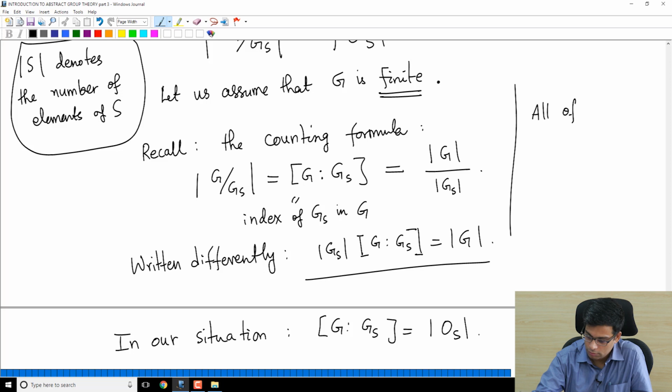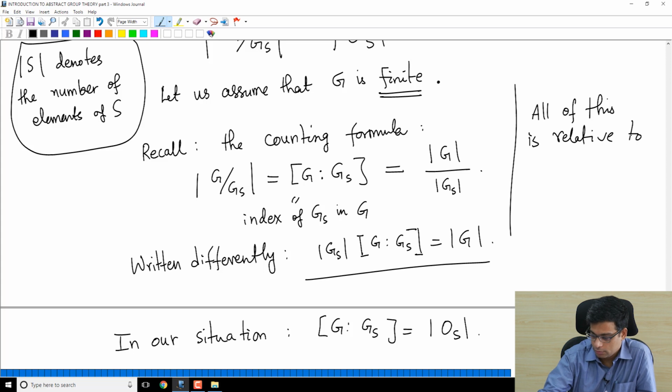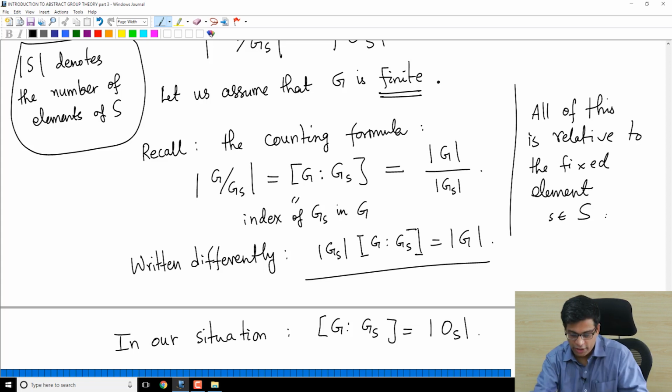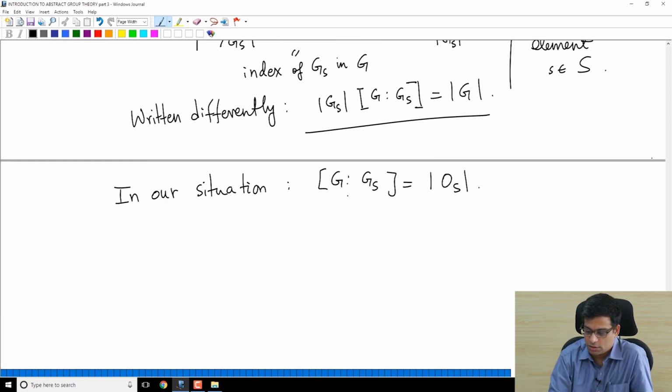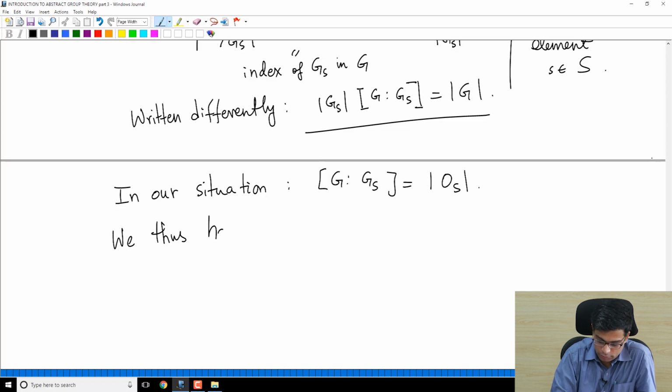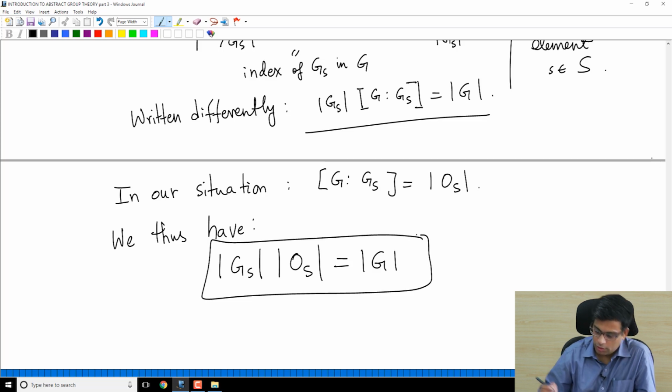All of this is relative to the fixed element small s in capital S. Every time you see small s here, I am referring to that fixed small s. So we have the order of the stabilizer times the size of the orbit is equal to the order of the group.